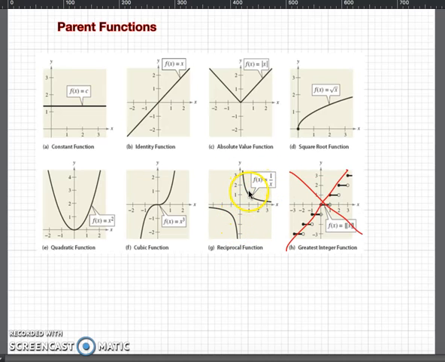Each of these are going to have critical points, except for, I'm going to say this one, but even that has some sort of critical point to it. So critical points are what we're going to focus on when we're transforming these things.